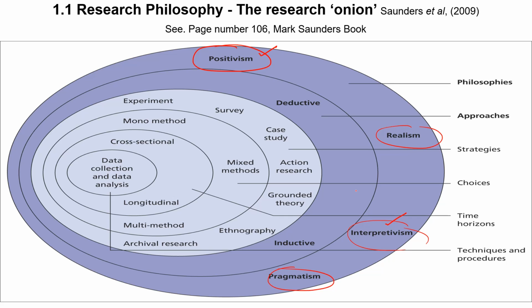Now if we go into the approach, the second layer of the onion, deductive approach and inductive approach. By name itself you can understand. Deductive means we are reducing the things from bigger to smaller, from general to specific. Here we have the theory, we have lots of things provided by various scientists, various researchers.